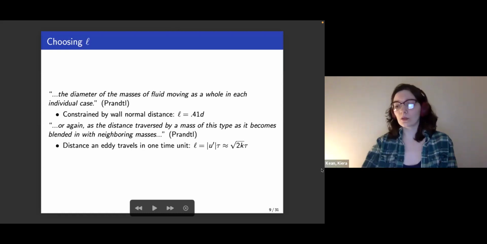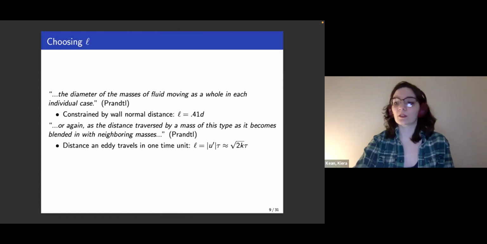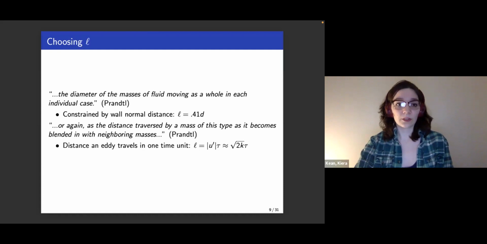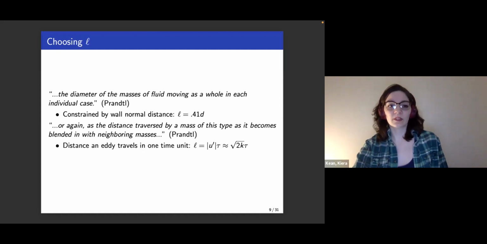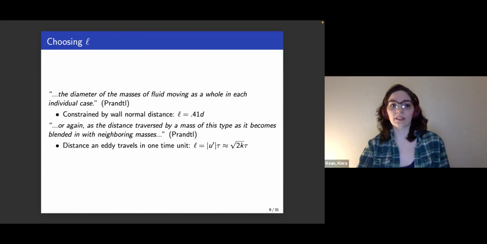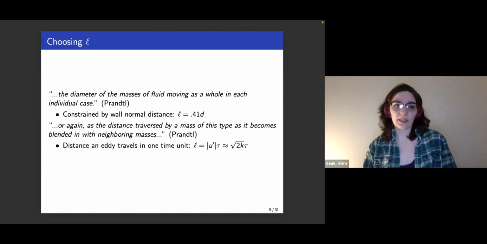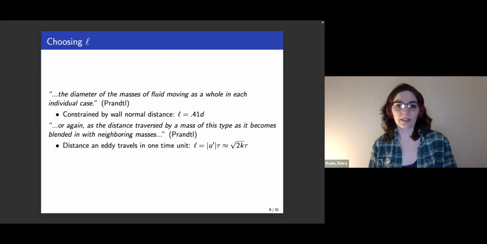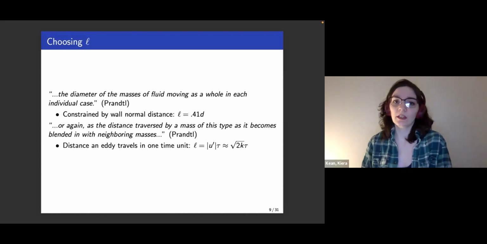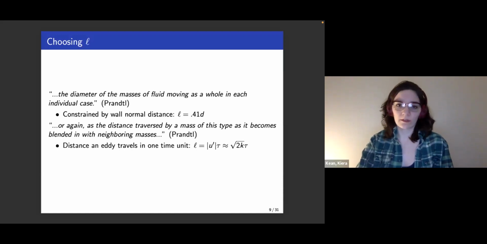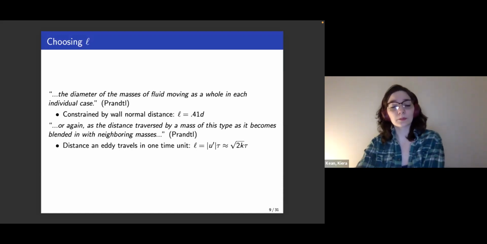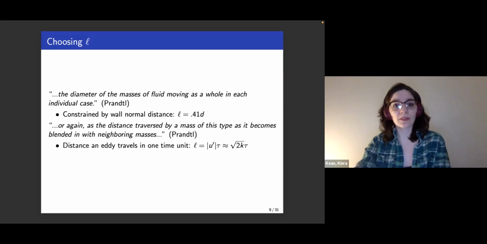So two common methods for choosing L given by Prandtl. So we could consider this length to be the diameter of a mass of fluid, and take L equal to 0.41 D, 0.41 being the von Karman constant, which comes from data, and D being the wall normal distance.